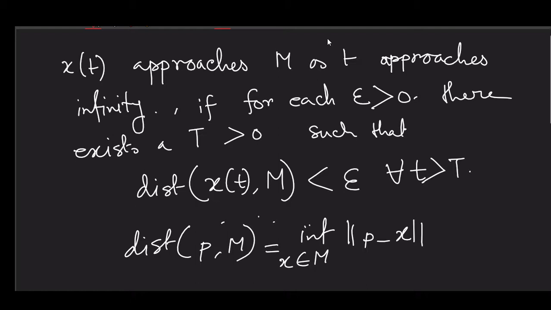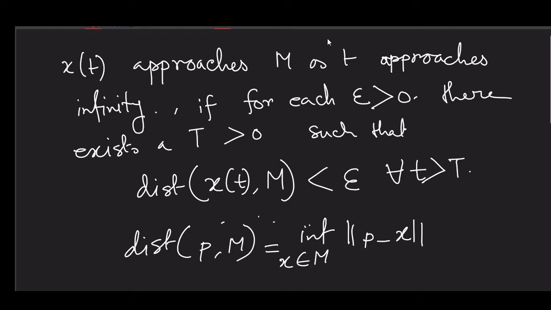Now how to make you understand why we need this: we can have either a stable equilibrium point or a stable limit cycle, right?